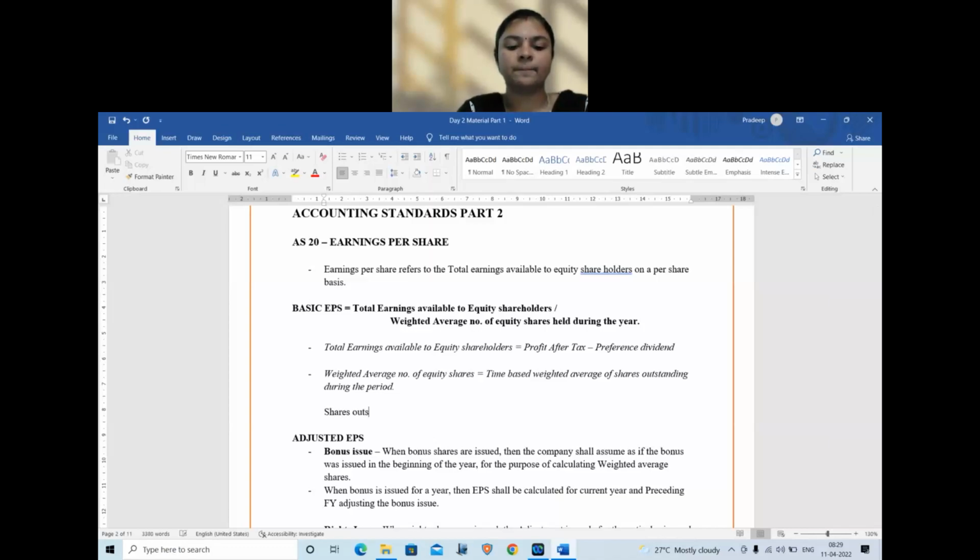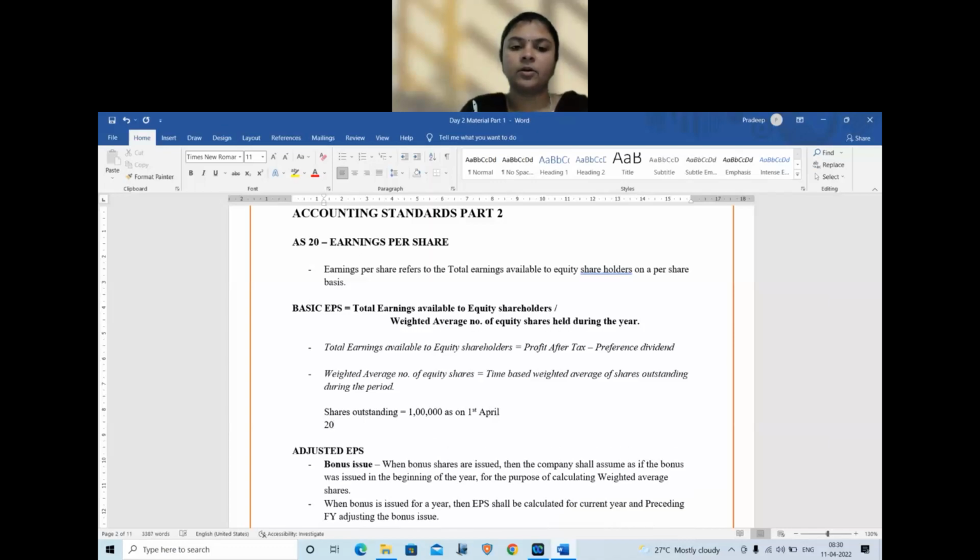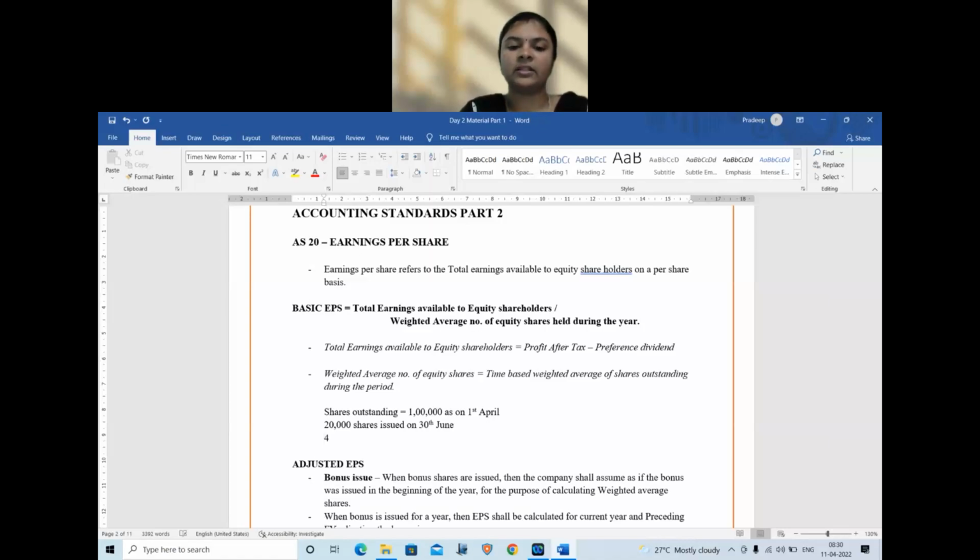Shares outstanding is equal to 1 lakh as on 1st April. 20,000 shares issued on 30th June and 40,000 shares bought back on 31st December.